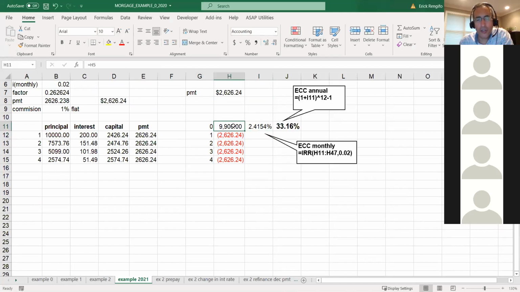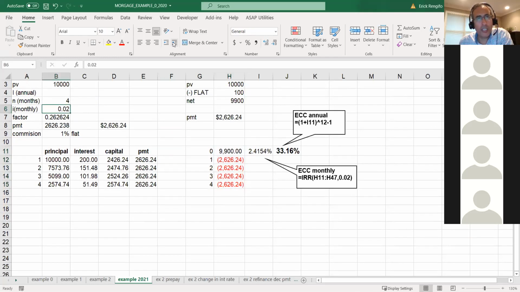So remember that 9,900 is positive and the payments are negative, just to be sure that there are positives and negatives. And then if you analyze this one, remember what was my interest rate? My interest rate was 2%. So what is my effective interest rate? Because I have paid 1% commission flat, it jumps to 2.4154% per month.